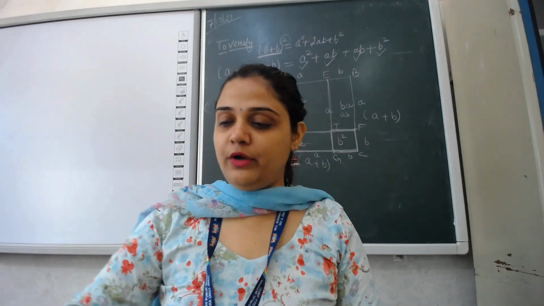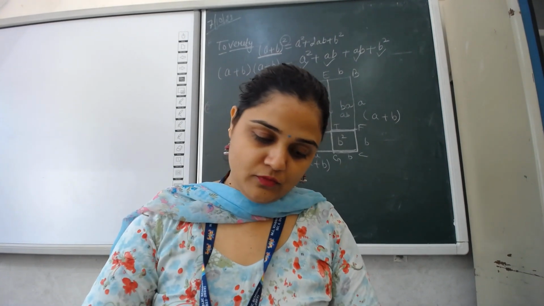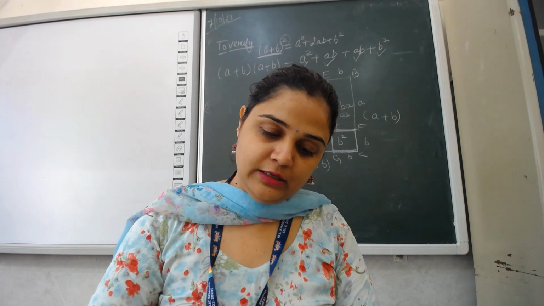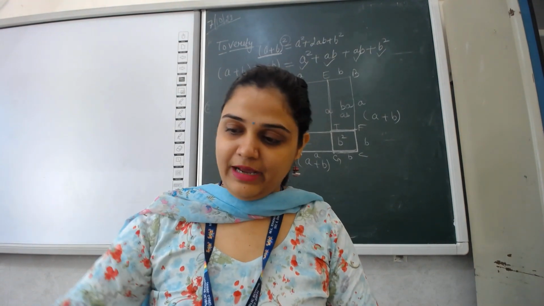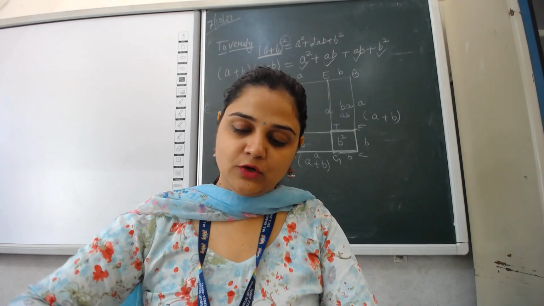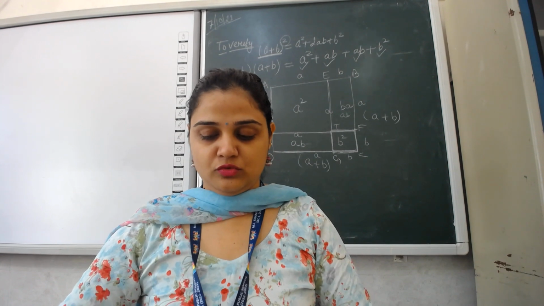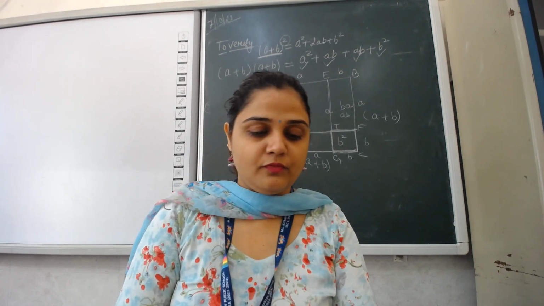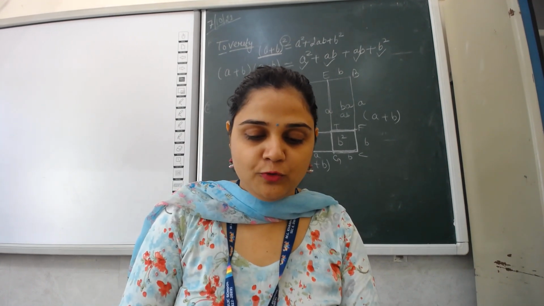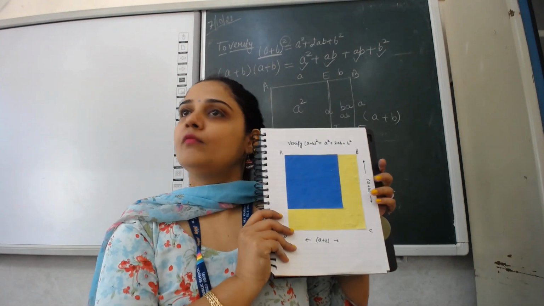So what we are going to do, we'll paste it in one corner of the initial square, keeping in mind that the vertex overlaps as well as it goes with the sides also. So I'll just paste it and show it to you. I'm pasting it like this. See, is it clear?